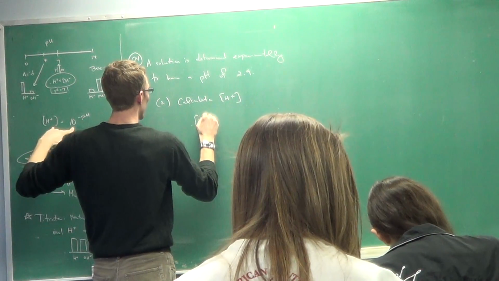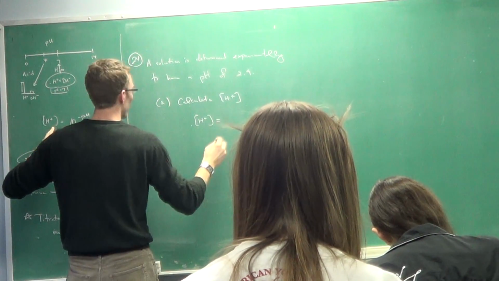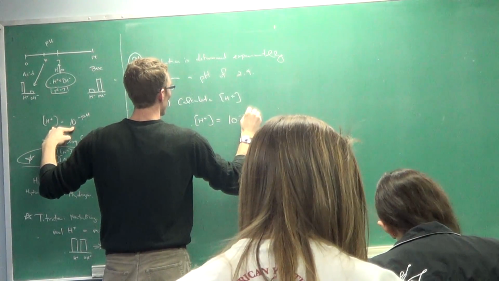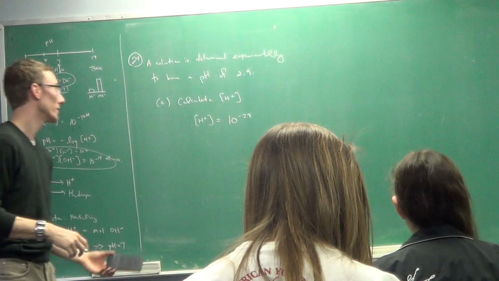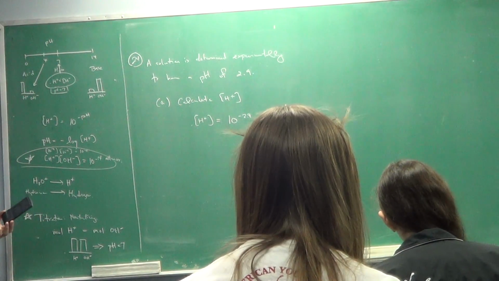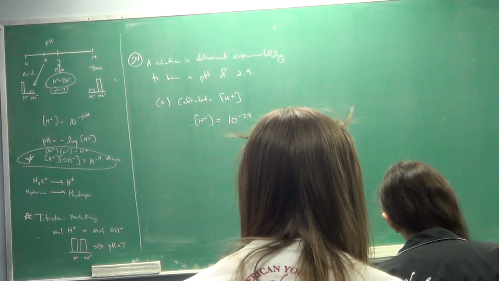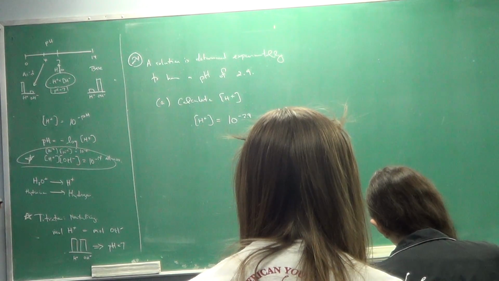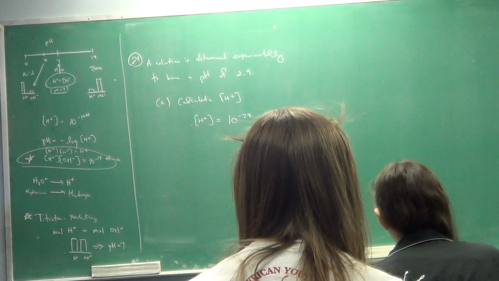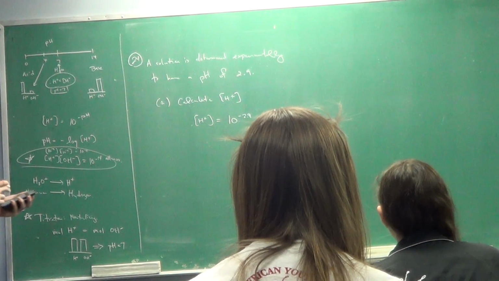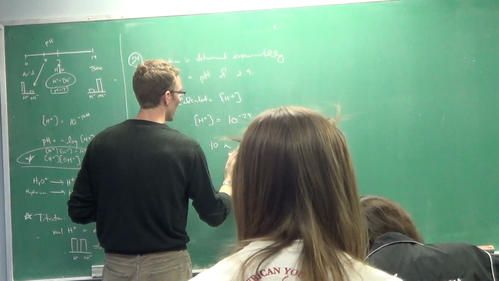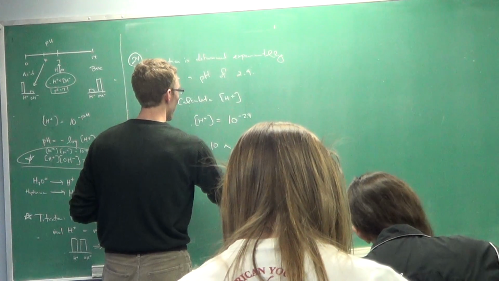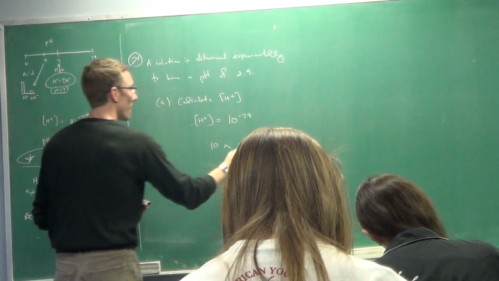So the hydrogen ion concentration is just 10 to the negative 2.9 power. If you want to, you can just leave it as that. That would be fine as a hydrogen ion concentration. If you want to as well, you could just, in your calculator, raise 10 to the negative 2.9 power and see what comes out.